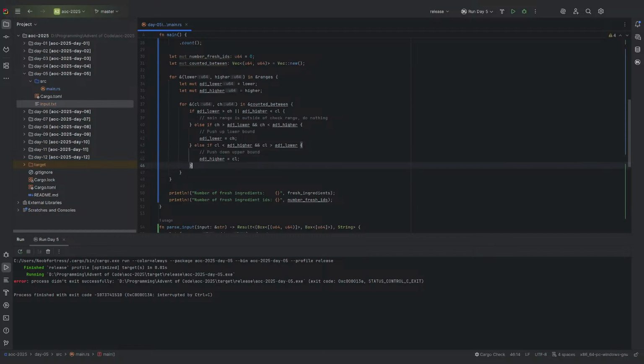Okay, so I've pushed the range around. How do you do loops here again?